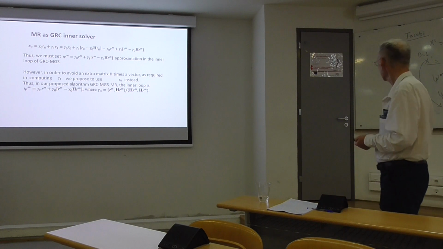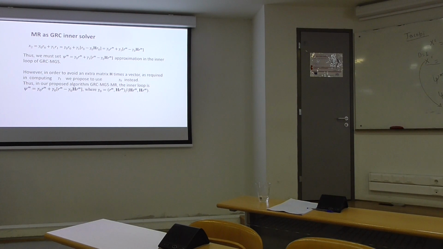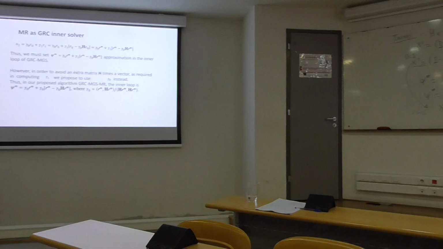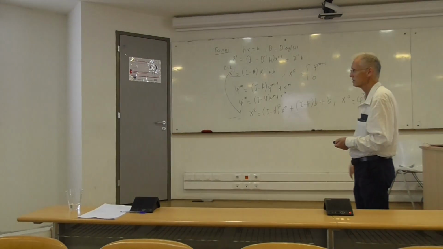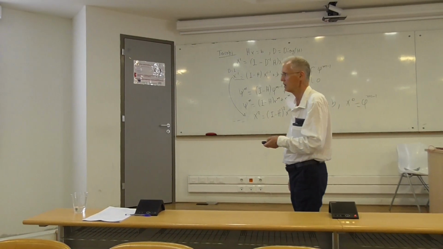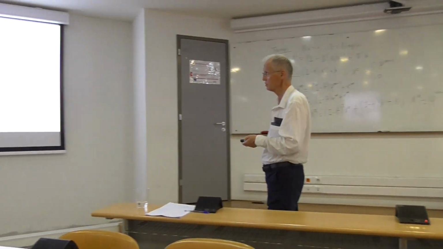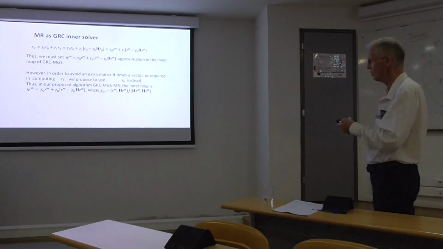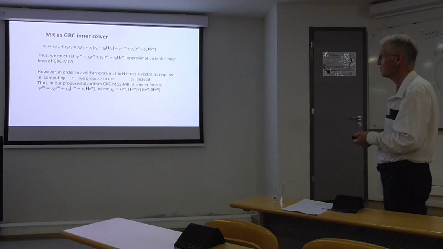And if you do that, the same way as I obtained here, I expanded here the Jacobi iteration, and then I used this in my inner loop equation. Okay, the same way you can do this.